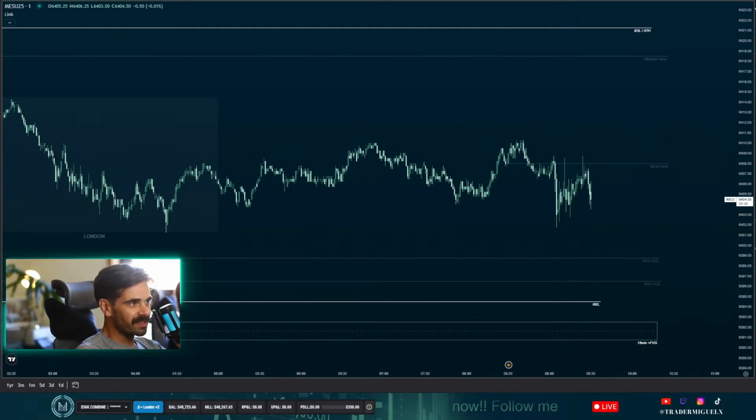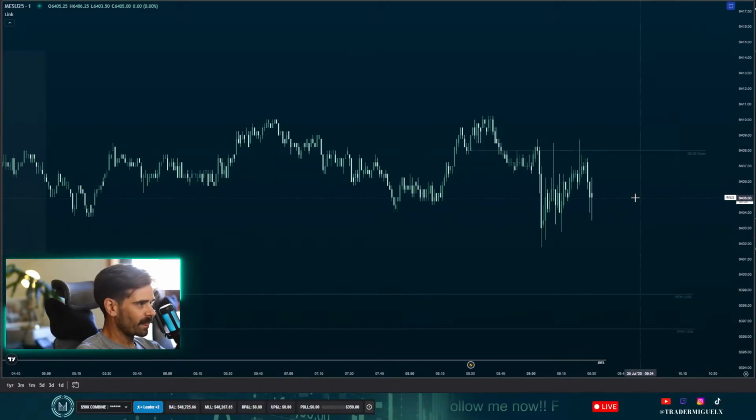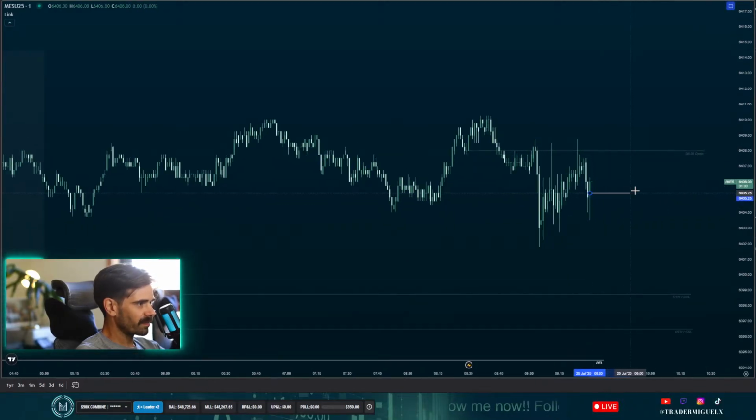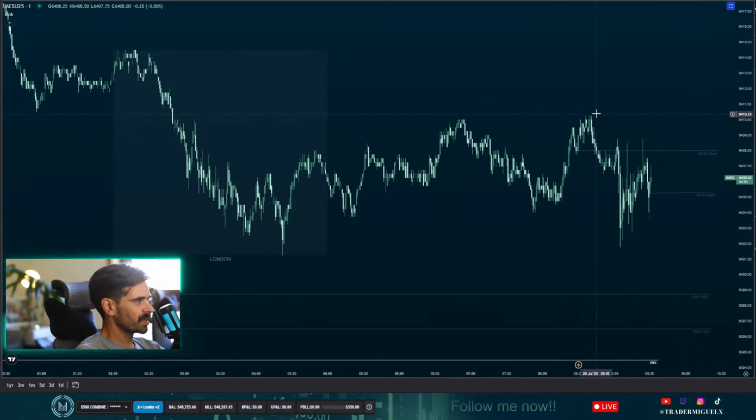So let's see. The market is opening right now, so 9:30, and we have the 9:30 open here. It would be nice to see the market coming up a little bit, eventually taking out these relative equal highs.